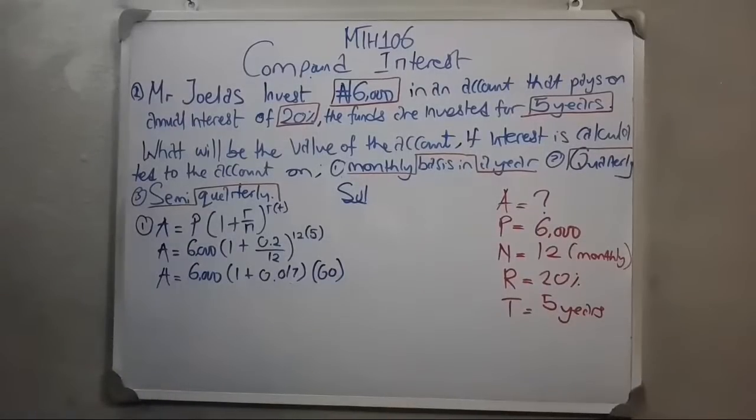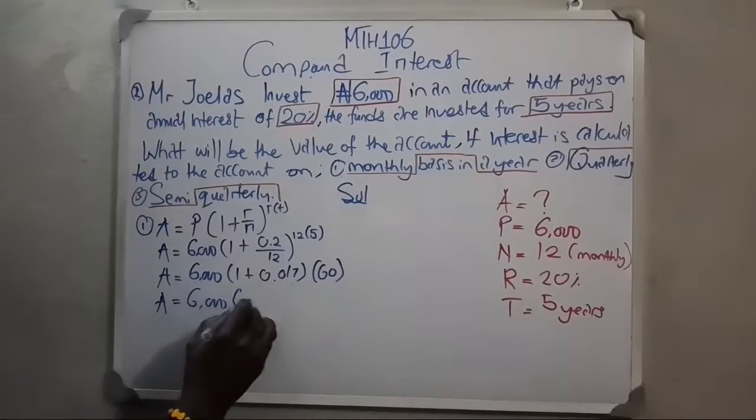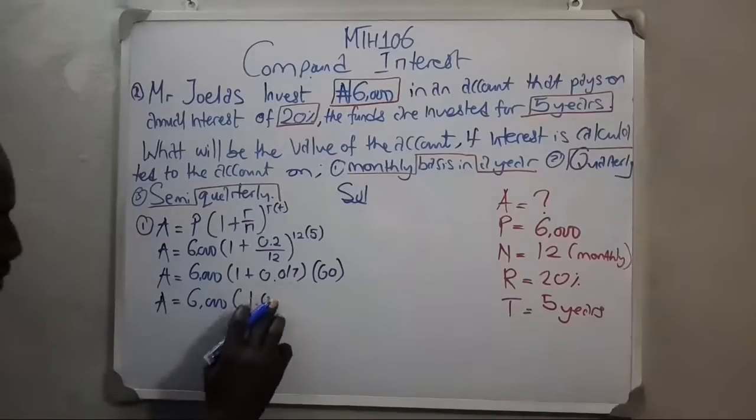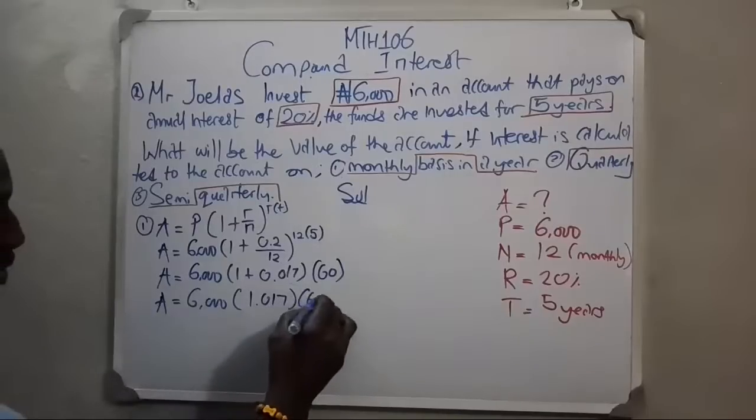Now we have A equals 6,000 into 1 plus 0.0117, that's 1.017, multiplied by 60.